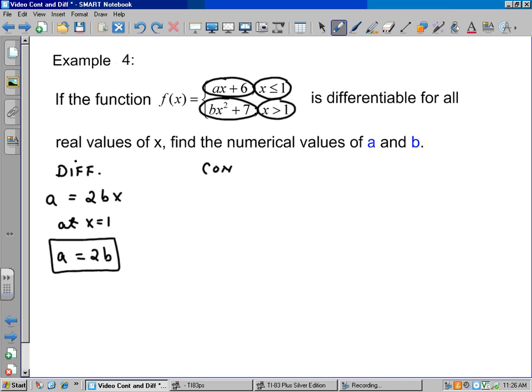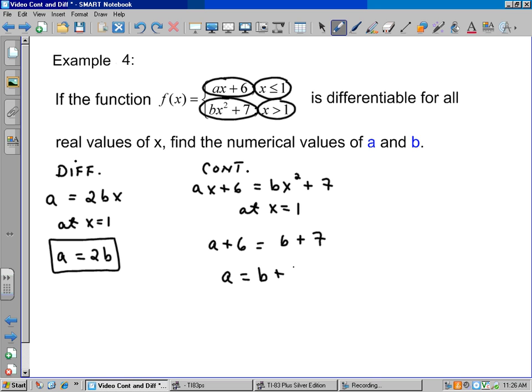And then if the function's differentiable, it also has to be continuous, which means that the y values need to equal each other at x equals 1. So we've got a plus 6 equals b plus 7. And we could simplify that a little bit if you wanted to. a equals b plus 1, subtracting 6 from both sides.